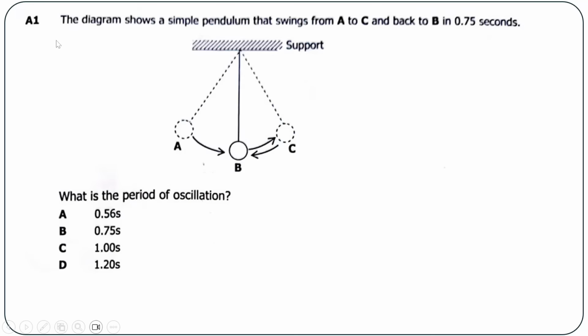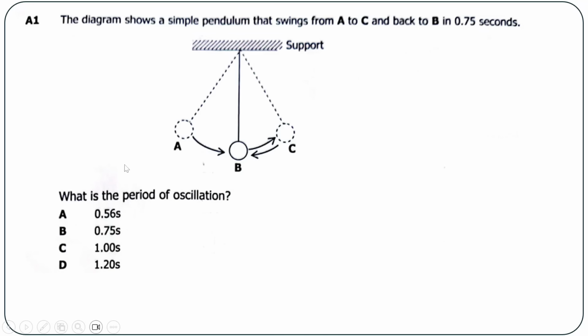Then another question here which came in another year. The diagram shows a simple pendulum that swings from A to C and back to B in 0.75 seconds. Okay, so we are seeing a simple pendulum that is swinging from A to B to C and back to B, and in how much time? 0.75 seconds.